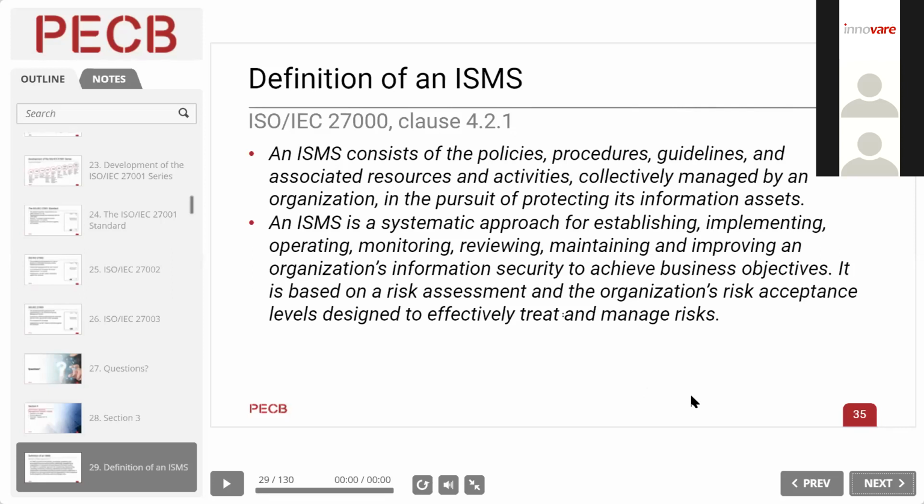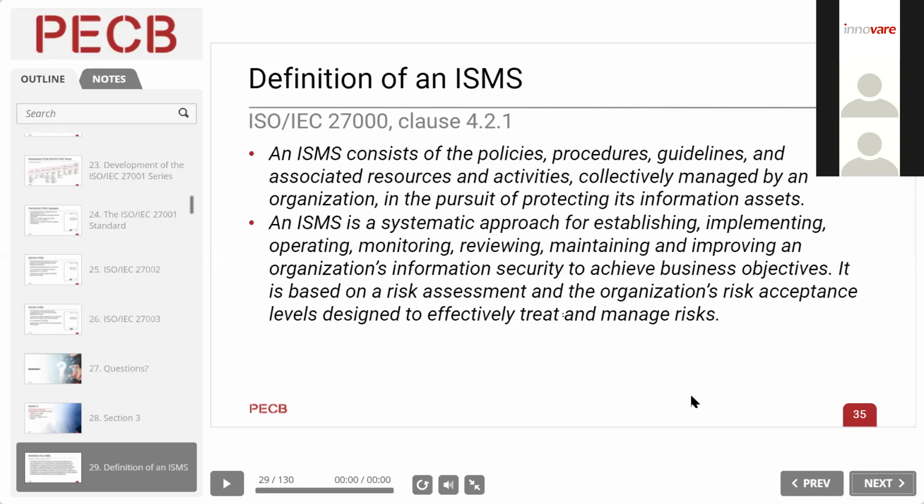Is the ISMS a technical or operational focus? It is more of an operational focus. A management system is about management. It's not about the technology. It's about managing your requirements for information security.